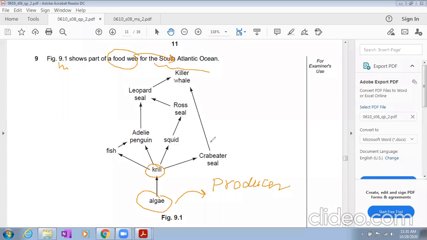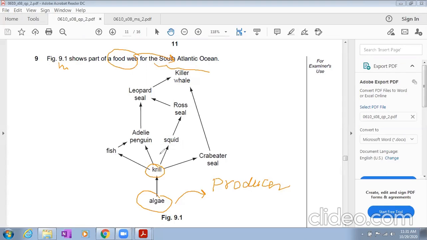Consumers start from here. This is the herbivore, the primary consumer. Then there are secondary and tertiary consumers. For this food chain: primary consumer, secondary consumer, tertiary, and quaternary consumer.